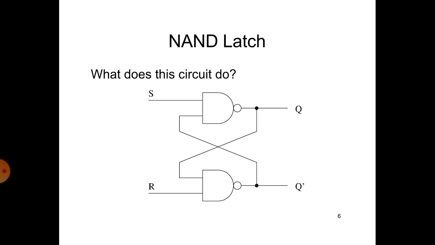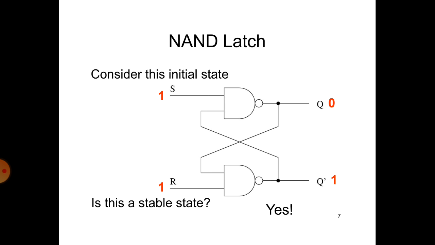Here in the NAND latch, consider this initial state. S and R: we have two inputs and two NAND gates. One input is given to S and the next input is given to R. Again the outputs are Q and Q bar.